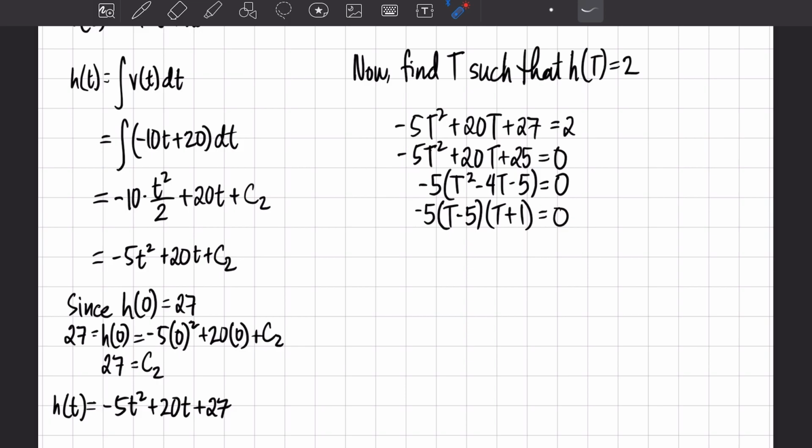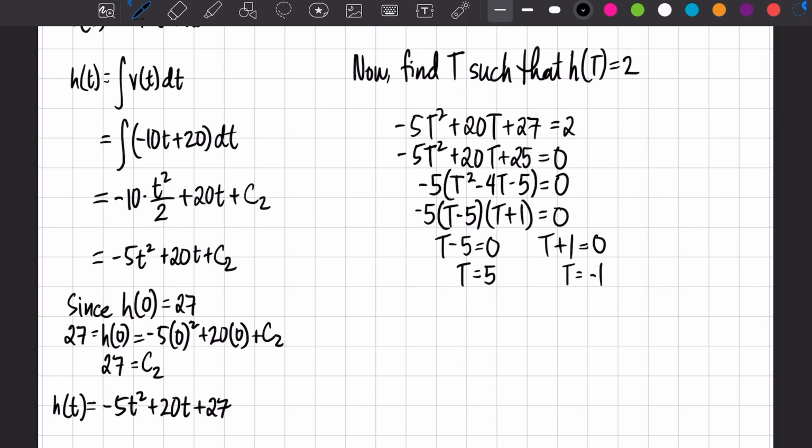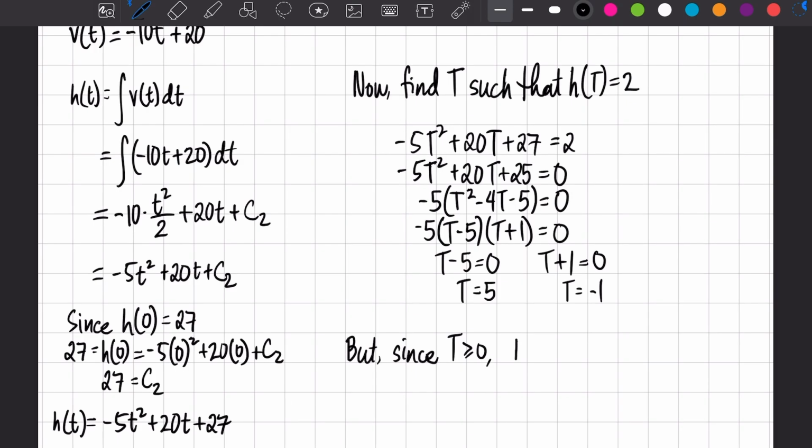And equating each factor to 0, from here we have t minus 5 equals 0, or t plus 1 equals 0. And solving for t, we have t equals 5 and t equals negative 1. Okay? But since t is greater than or equal to 0, since we are talking about time here, what we have is t equals 5.